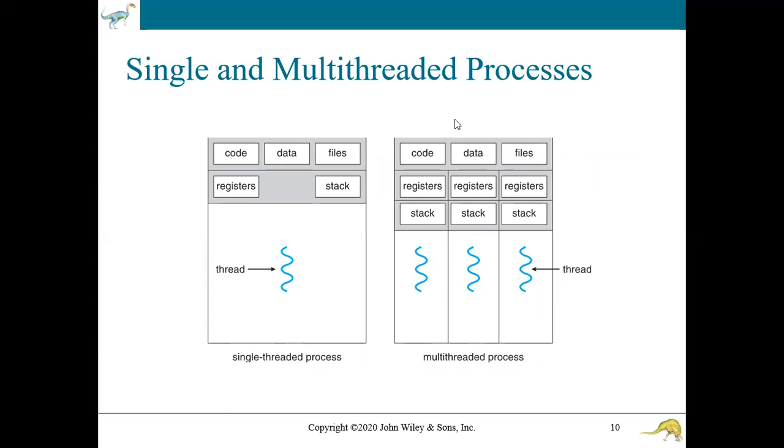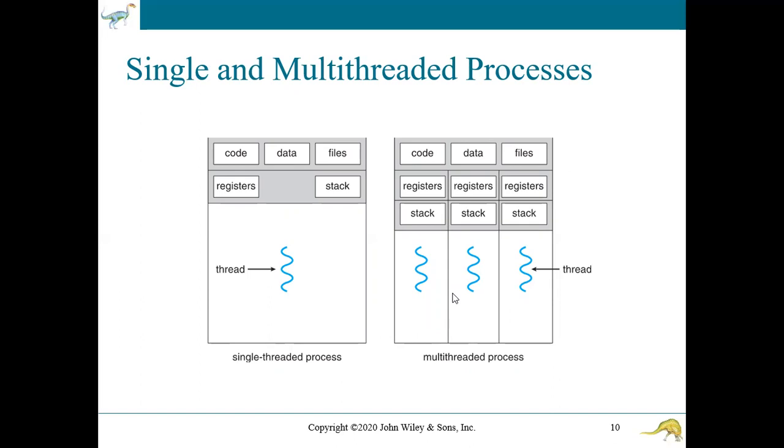So, single and multi-threaded processes. A single threaded process is like if you don't write anything, it's a single thread. In multi-thread, thread programming is enabled, so you're dividing the code into different parts.